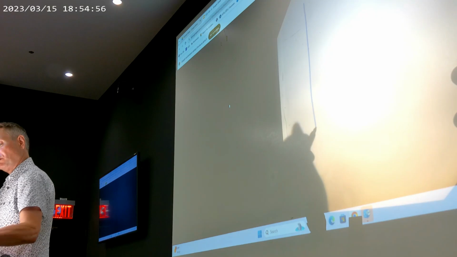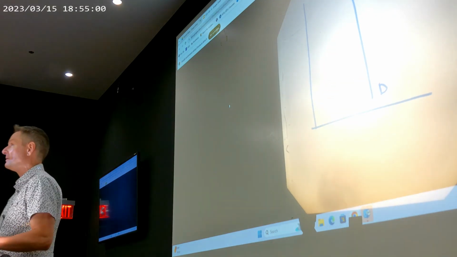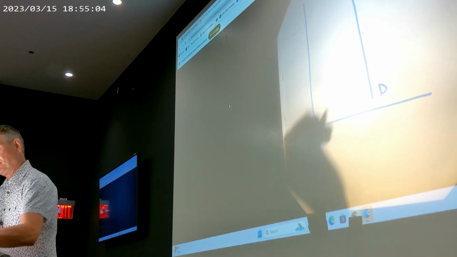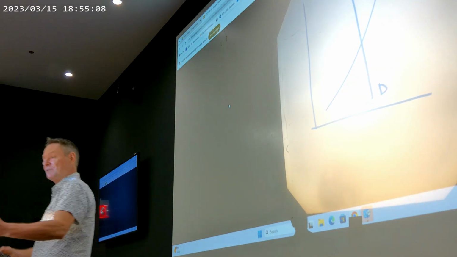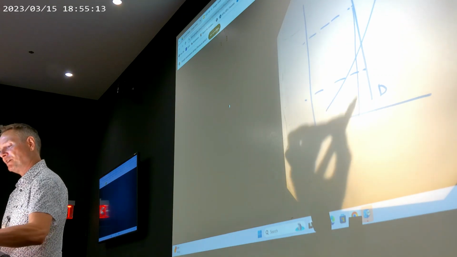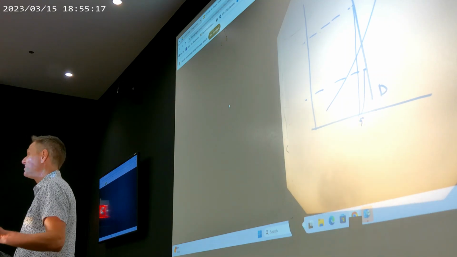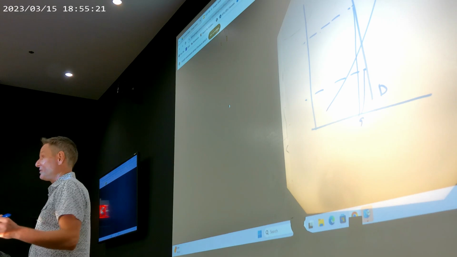Uh-oh. But what if you find out something else? What if your demand curve was really steep? So in this case, we have our supply like this, and there's demand. Here you have the opposite situation. You change the price a huge amount, and quantity barely changes at all.